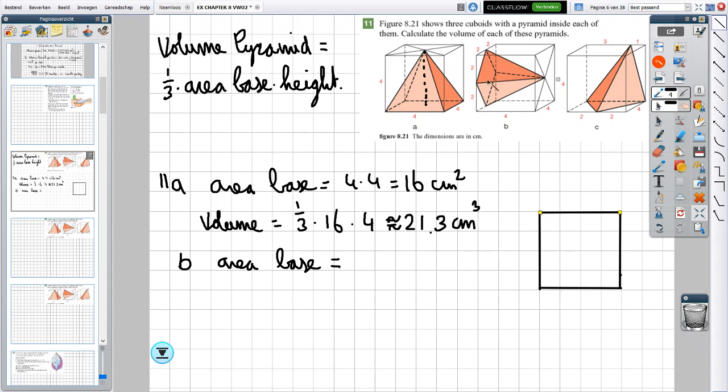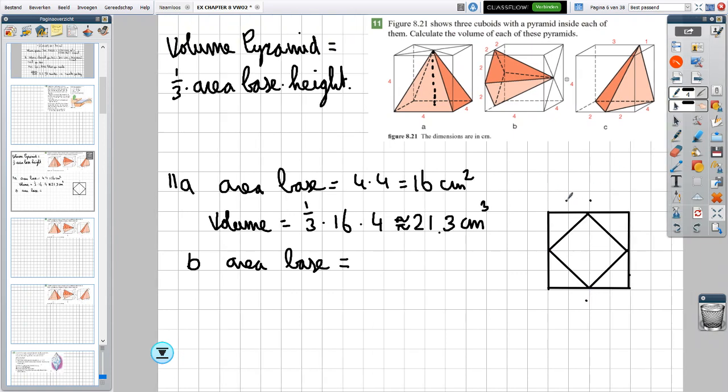This is my square right there, and then it's connected like this, with all those distances here being 2 centimeters. And I want the area that's inside of this, right? That's not pretty. Let's keep it like this. This is what I want to calculate.